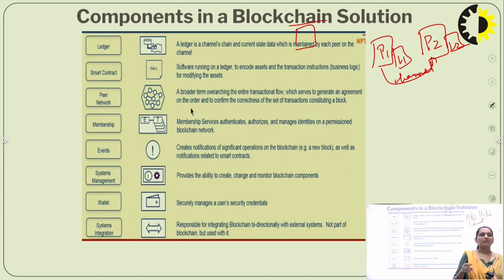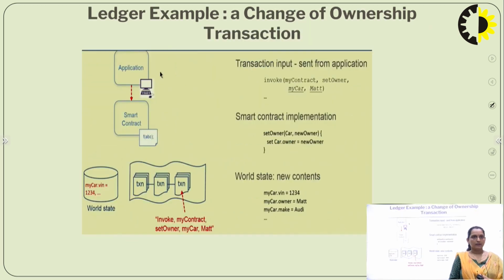System integration: when we have existing external systems, we have a bi-directional call. They send to us and we send to the blockchain, so that has to be coordinated. That has to be maintained by system integration, because in a business scenario we have other systems as well, and they have to collaborate with the blockchain.